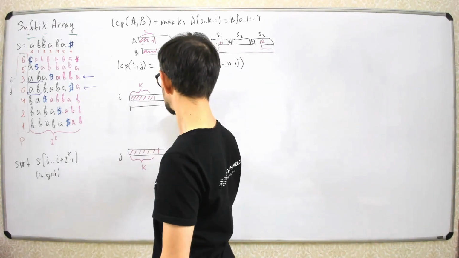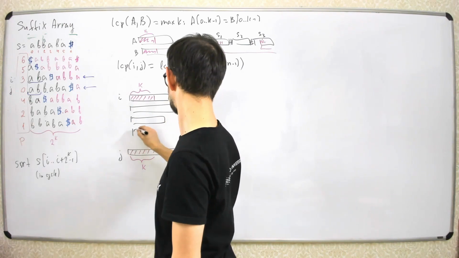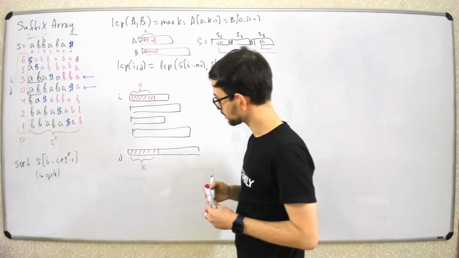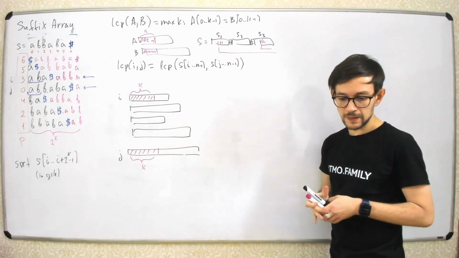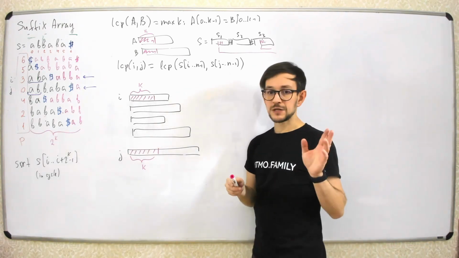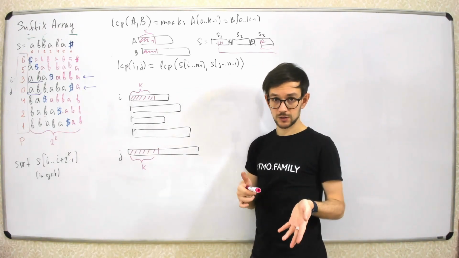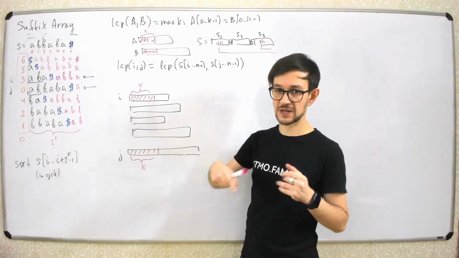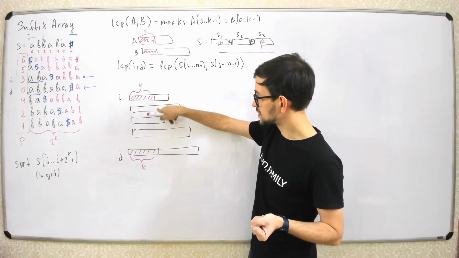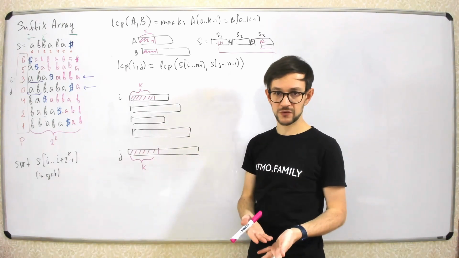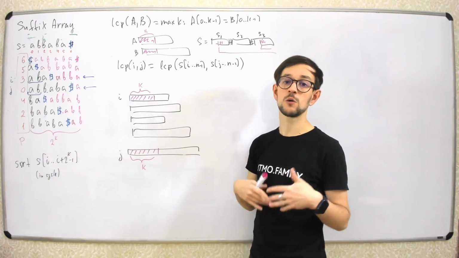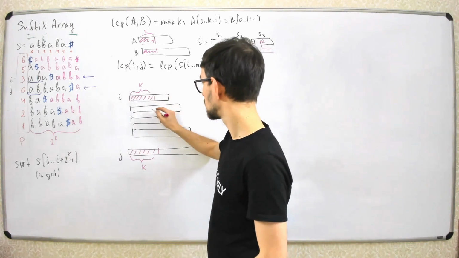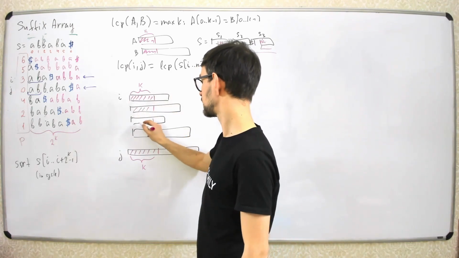So you have some other suffixes here, and so on. Now, since the suffixes are sorted, if you have two suffixes with the same prefix, all suffixes in between must also have the same prefix. Because that's how the sorting works, right? So all these suffixes also have this prefix.